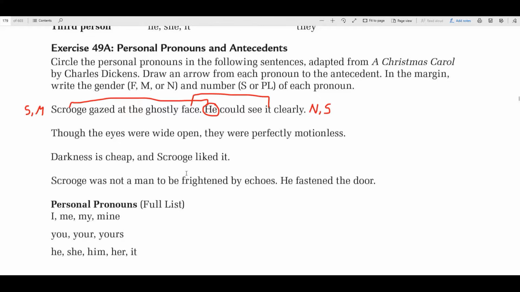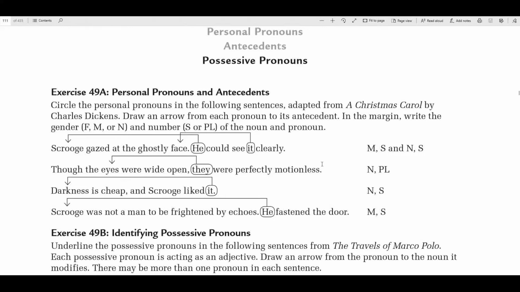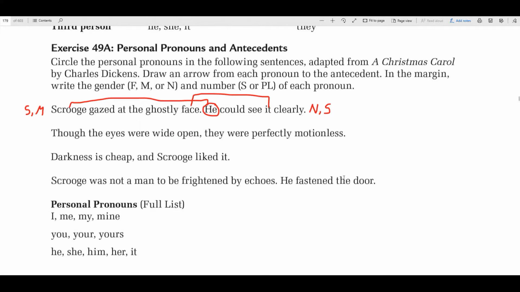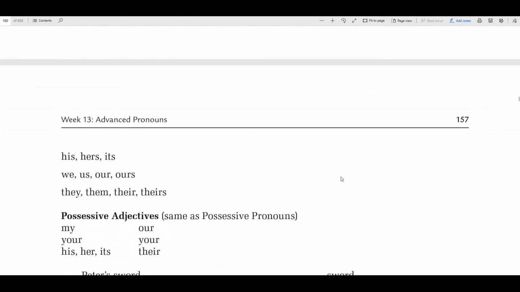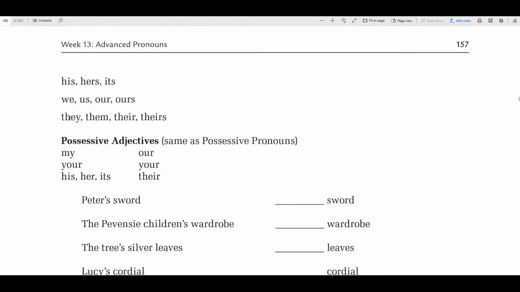Alright, let me pull the answers up and let you check them. Alright, there we go. Now here's some possessive. Remember, possessive means that it belongs to someone or something.